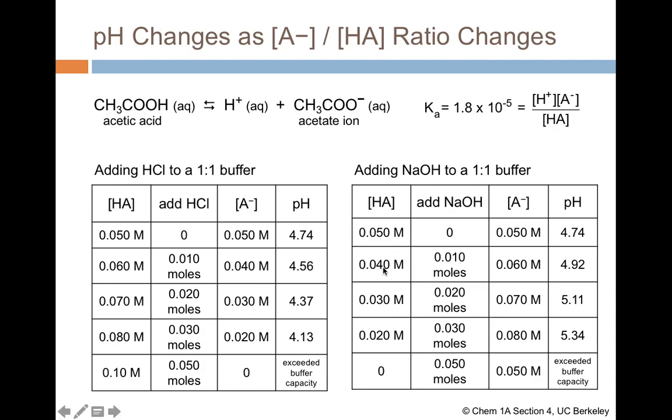It decreases the concentration of HA by 0.01, but these are still the concentrations that we're going to plug into our Ka expression, solve for H+, and we can obtain a pH value by taking the negative log. We see that the pH value increases rather slowly at first until, once again, we have exceeded the buffer capacity by adding so much base that we've completely depleted one of the components of our buffer.